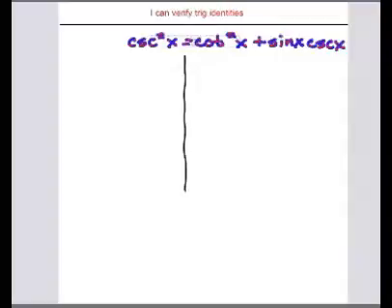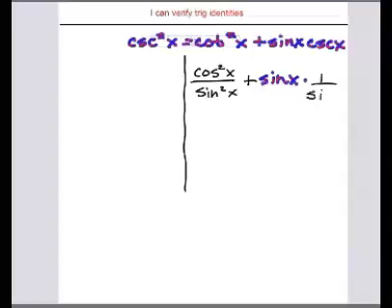So cotangent is cosine squared over sine squared. So I'm going to change that. I'm going to keep sine the same because that's already sine, and I'm going to change this to 1 over sine.